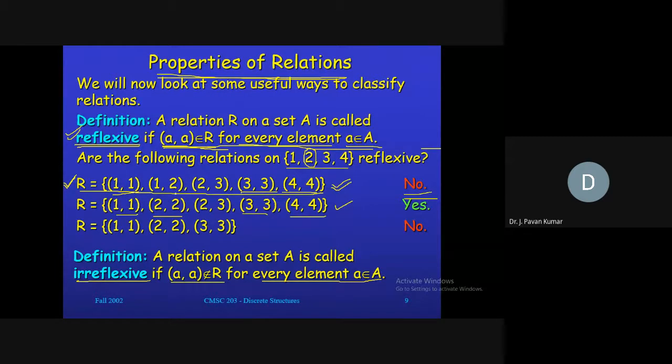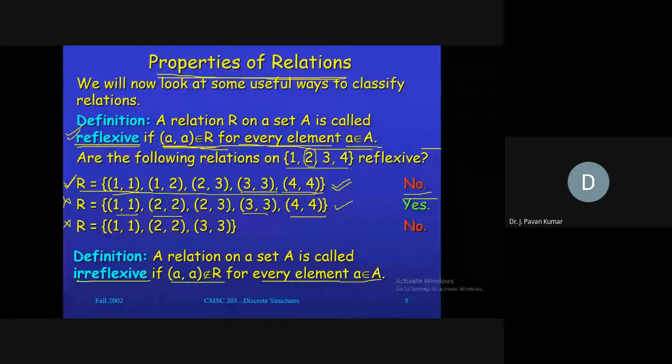There should not exist such a pair. (a, a) should not belong to R for any element. Next, the second one is also not irreflexive. The third one is also not irreflexive. I think you have got the point of what is reflexive and what is irreflexive.